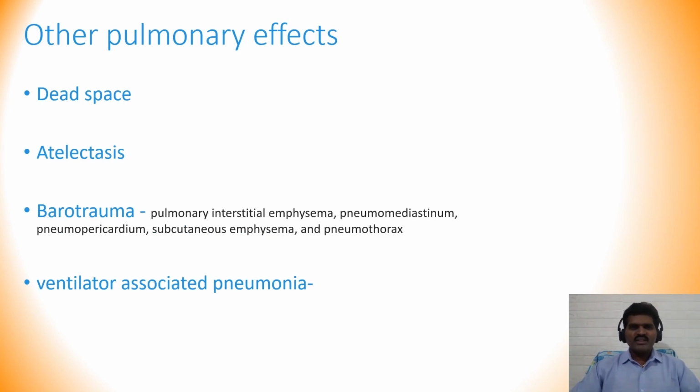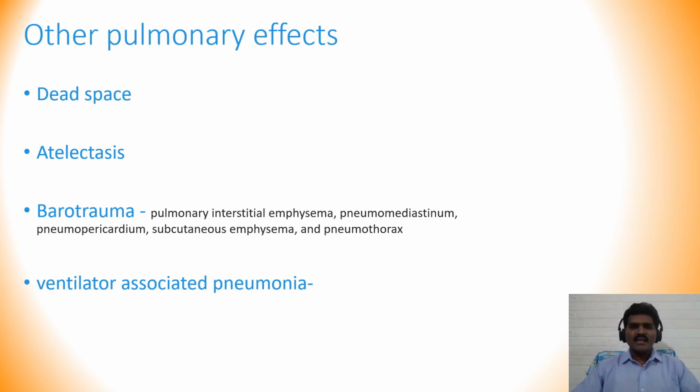Other pulmonary effects include the dead space. The dead space volume is usually increased because the tube that extends from the mouth to the carina and the circuit of the ventilator act as dead space, which does not participate in gaseous exchange. It increases atelectasis.